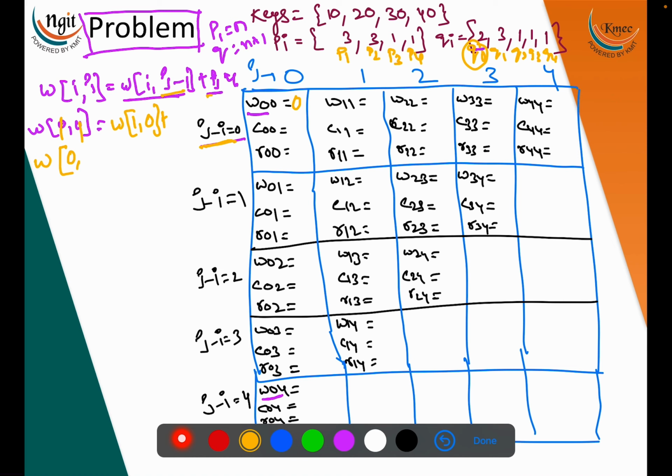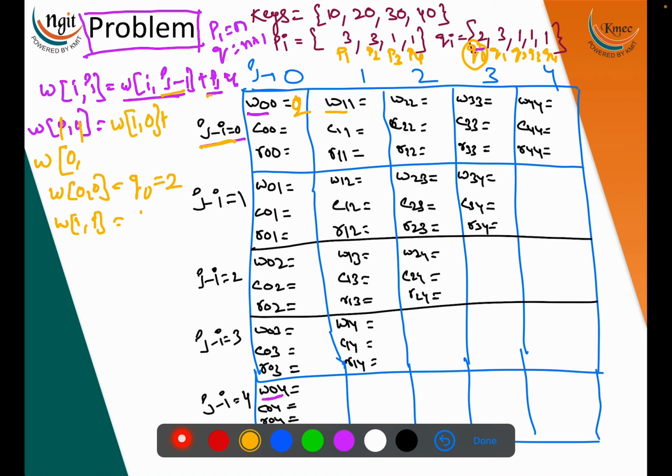To finish the first row, I am calculating W0,0. It is exactly Q0. Q0 value is 2. So it is 2. And then W11.